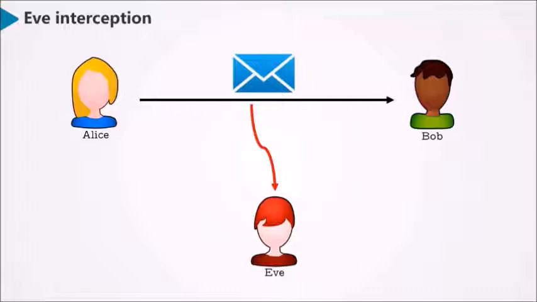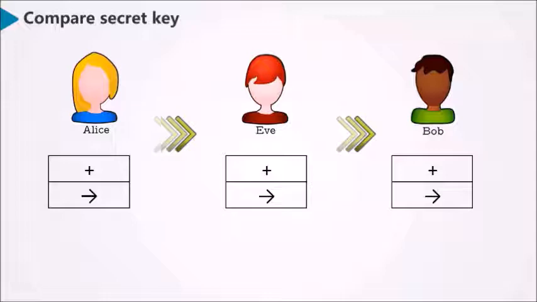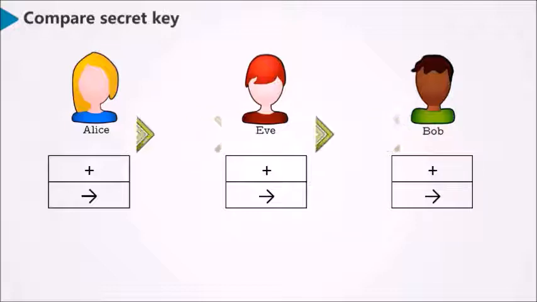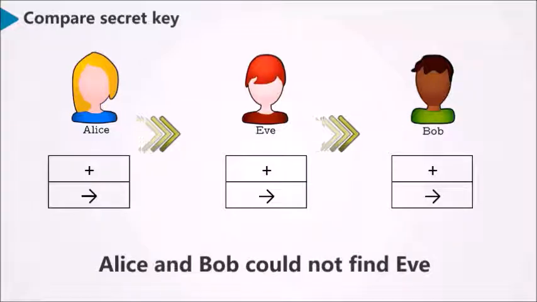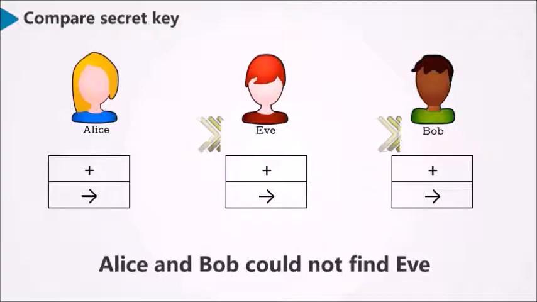But what if Eve appears? To check for the existence of Eve, Alice and Bob can compare a subset of their secret key. When Eve chooses the same basis which Alice used, Bob's measurement will not be affected, so Alice and Bob cannot find the existence of Eve.